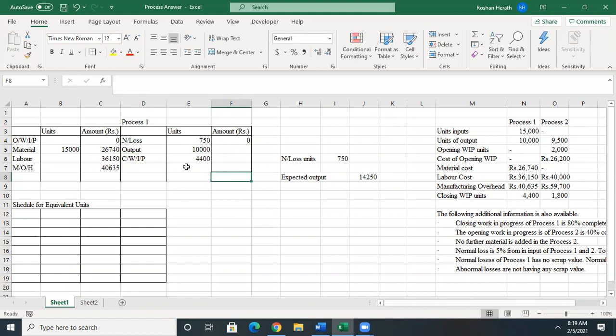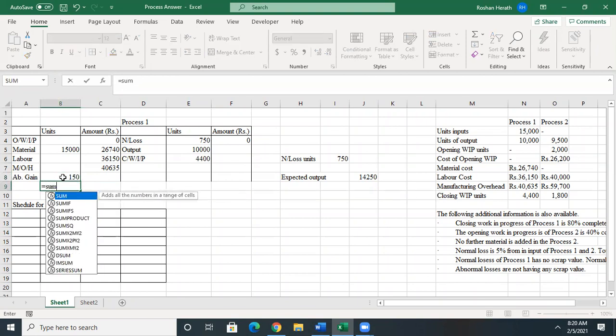Accordingly, you can see that the output turned out to be greater than the expected output. So 10,000 plus 4,400 is 14,400, where it should be 14,250, suggesting there's abnormal gain. Abnormal gain is there, and that is the difference, 150 units.